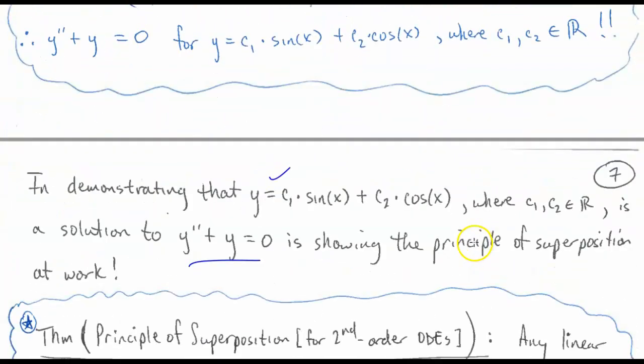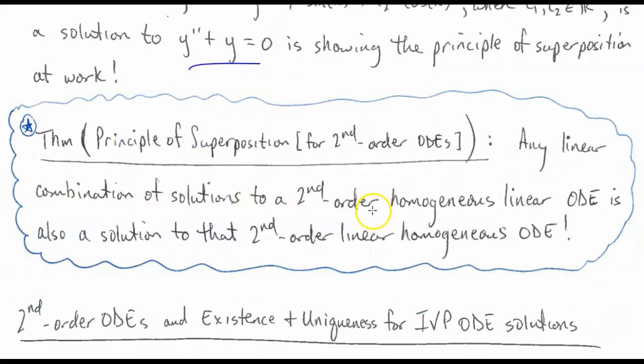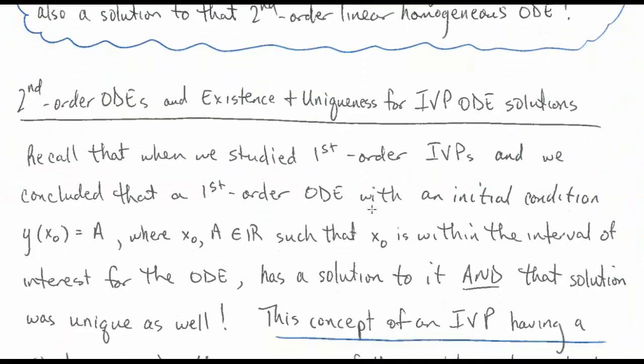So it doesn't matter what C1 and C2 are. The important thing is that we know what those functions are that are going to be in our basis of solutions. If we know that, to find out C1 and C2 is just a matter of knowing what the initial conditions of that particular ODE might be, okay?